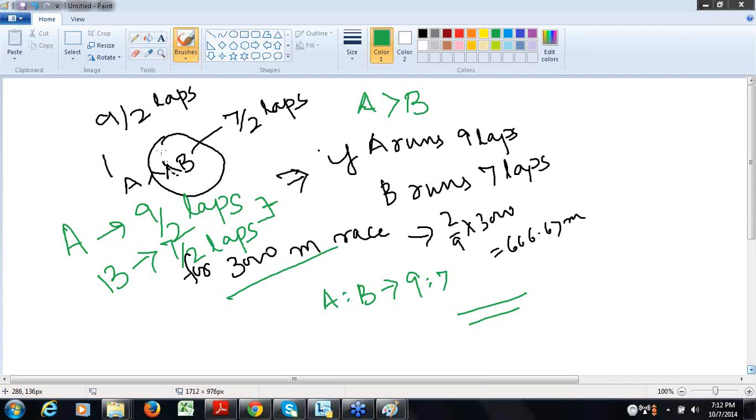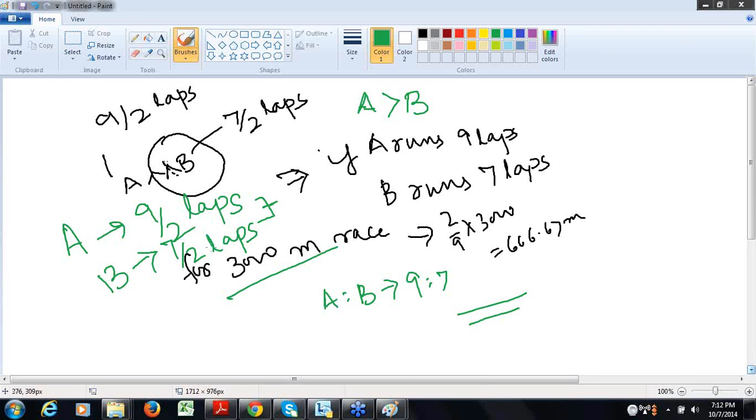Now if B wants to lap him, means B wants to overtake him, then the difference between the laps completed by A and B is 1.